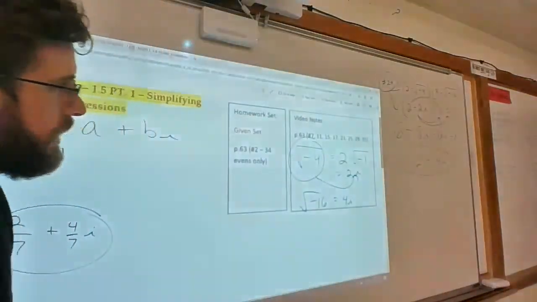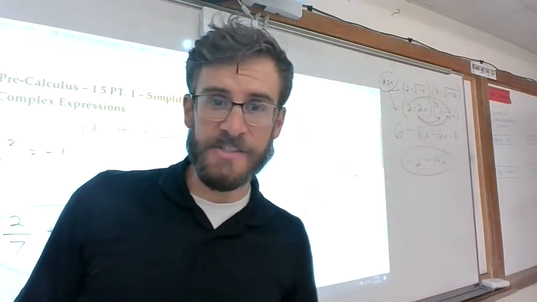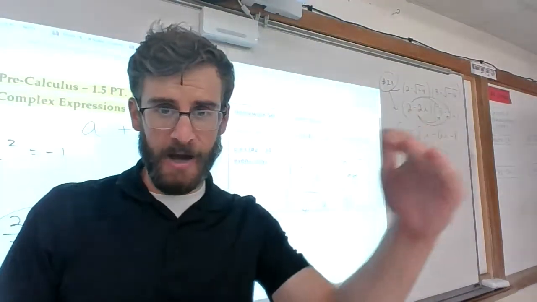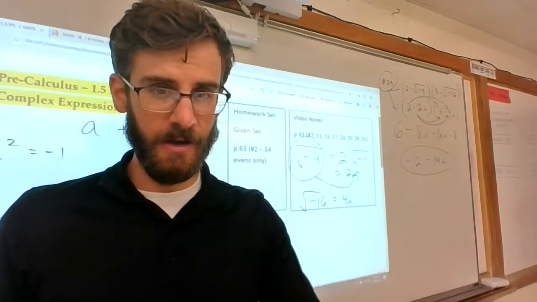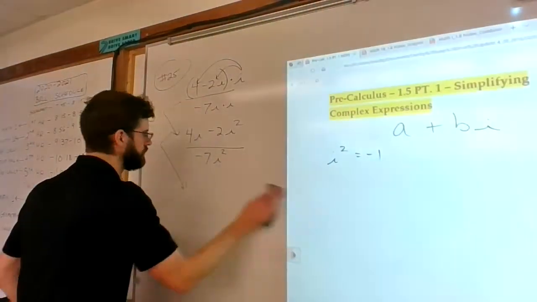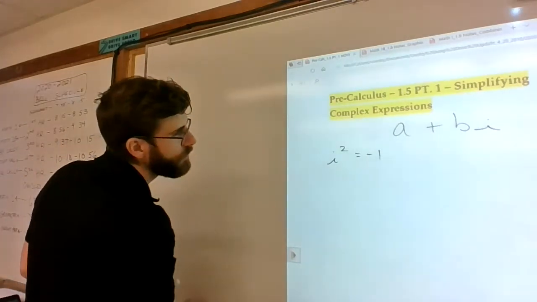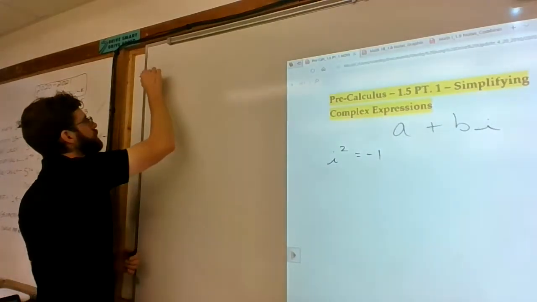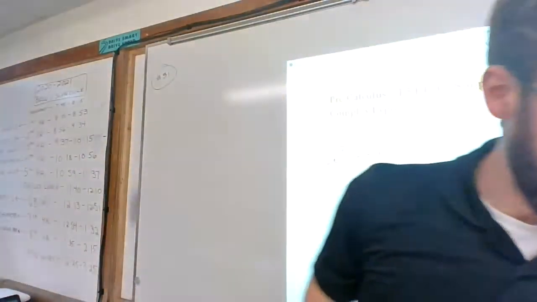Last example, number 31. Oh, it mixes the two concepts together. We got a top and a bottom in which no roots are simplified yet as i's. So let's get to it. All right, what do we got?